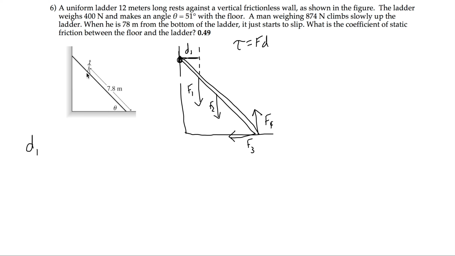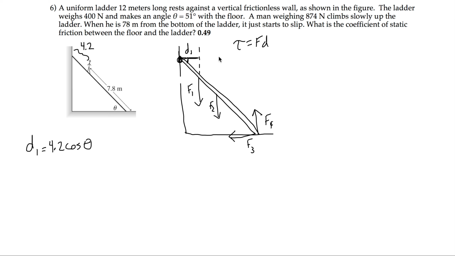The ladder is 12 meters long, so this is going to be 4.2 meters over here. And d1 is going to be cosine because it's the adjacent side here, and this angle here is the same as this one. So it's going to be 4.2 cosine of our angle.